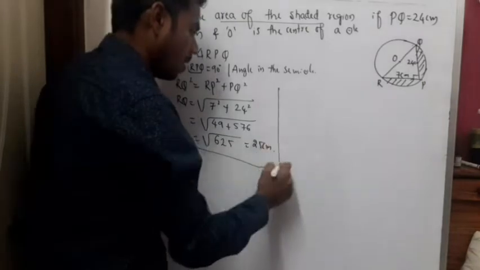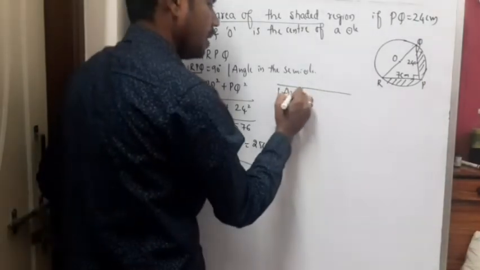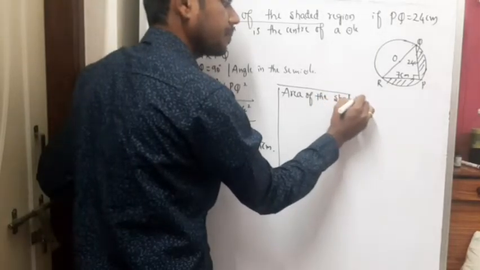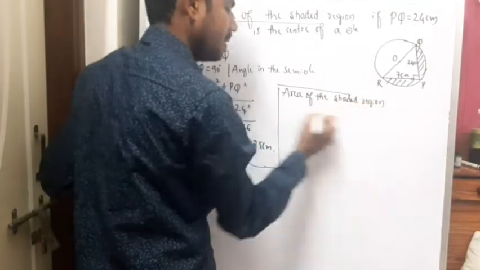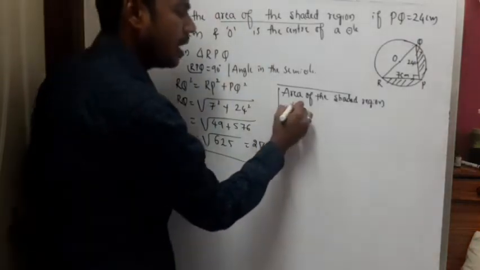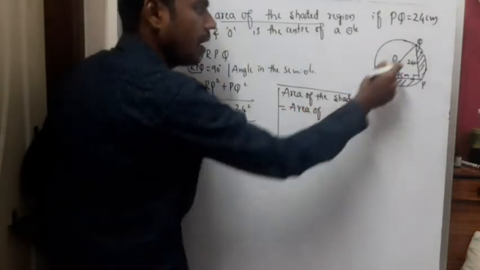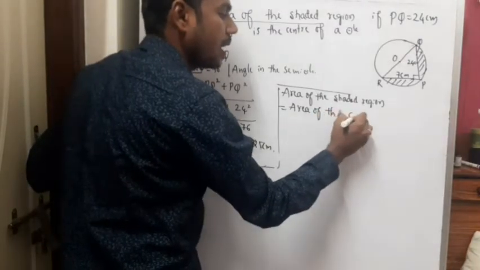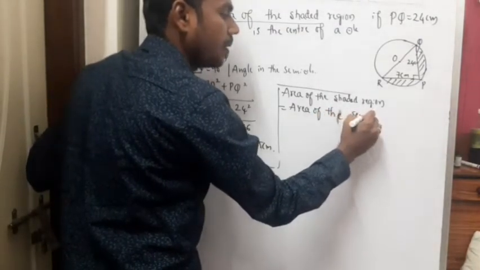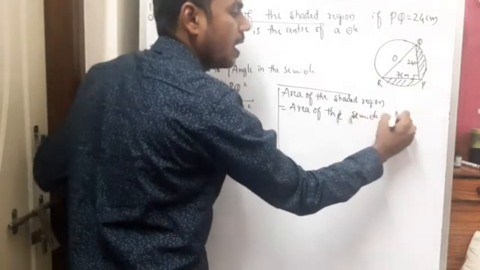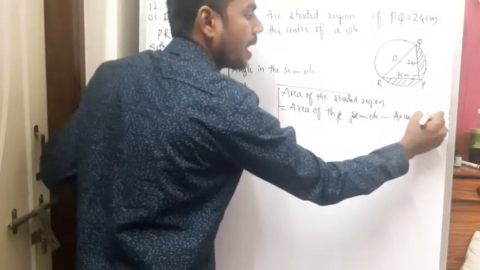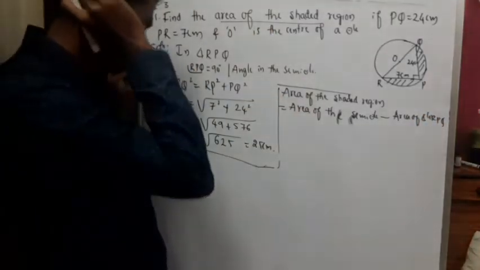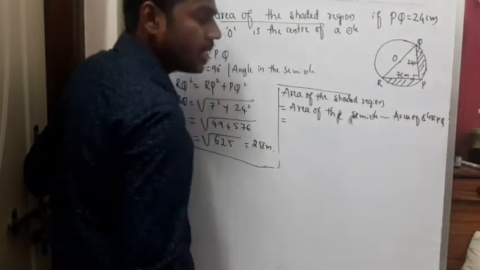Now the area of the shaded region is equal to the area of the semicircle minus the area of the triangle RPQ. What is the area of the semicircle?